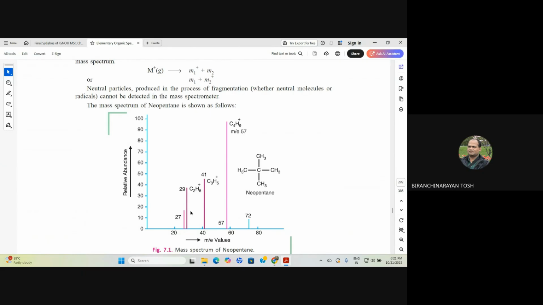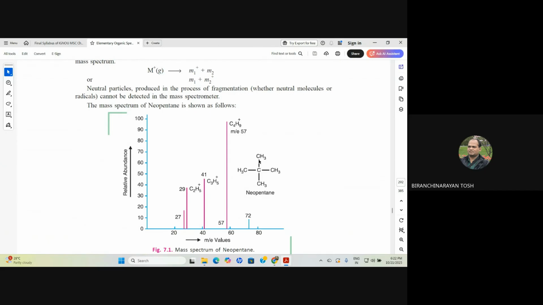But where will the difference be? The difference will be in the base peak and the other daughter peaks. If it is neopentane, then it will split. When it is fragmented, you will get C4H9, with one methyl group removed, and here you will get C3H5 and C2H5.